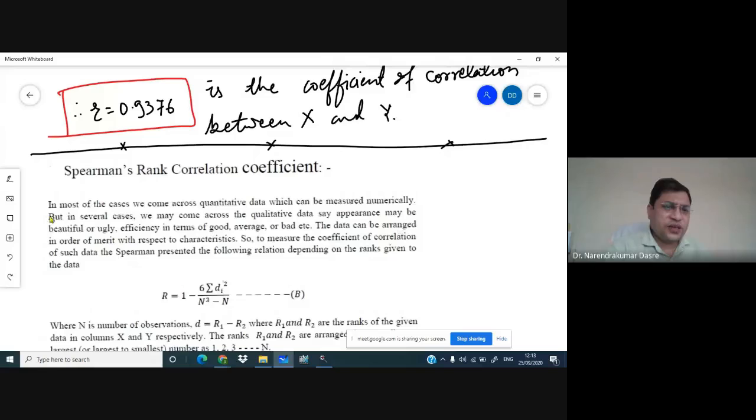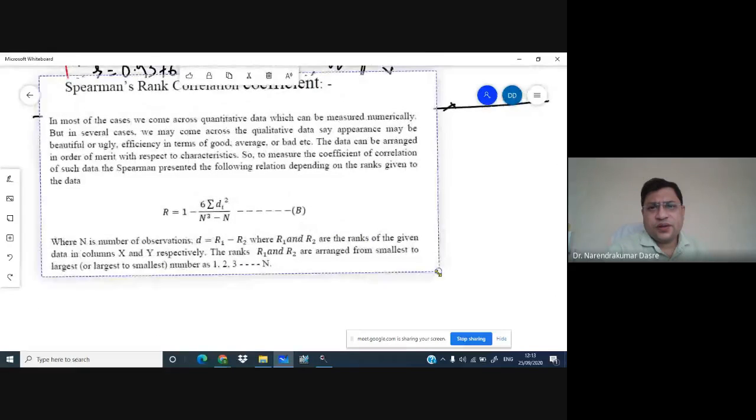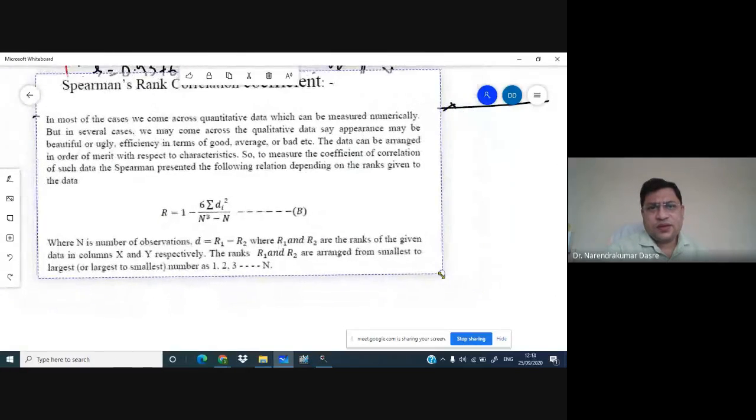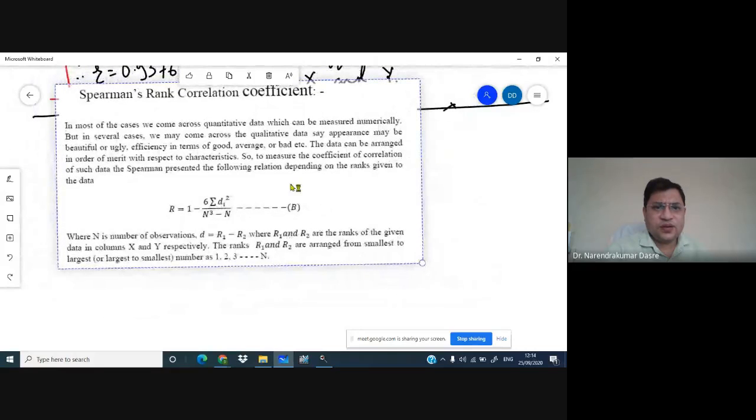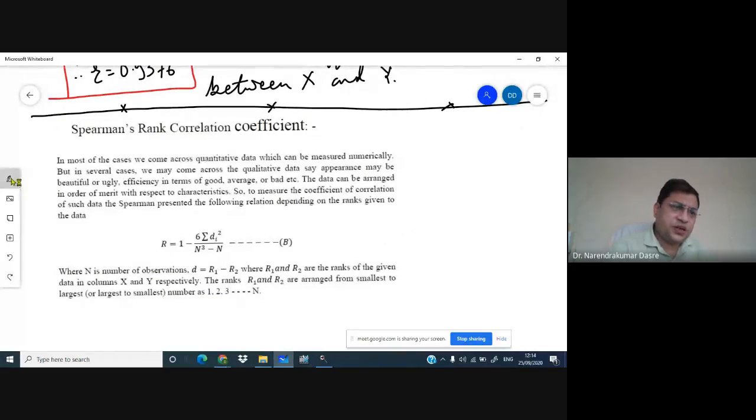So we have seen the formula to write this rank correlation coefficient.